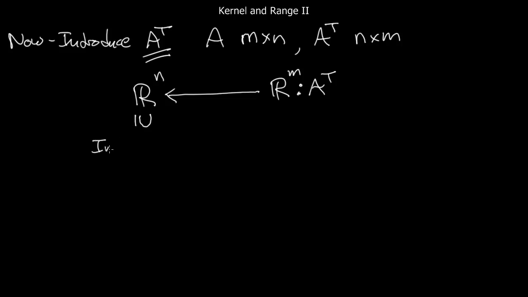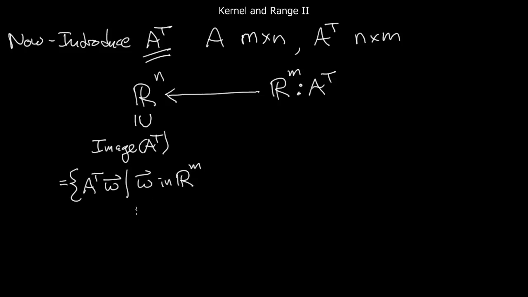So over here, I can take the image of A transpose. It's a subspace of Rn. And what is it? It's the set of vectors of the form A transpose w, where w runs over all of Rm. You apply A transpose to all of those, and you get a bunch of vectors in Rn.